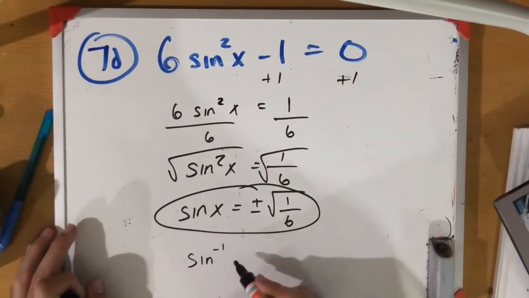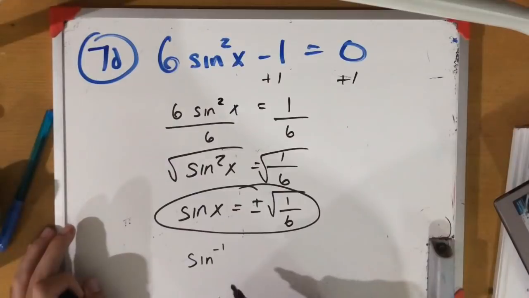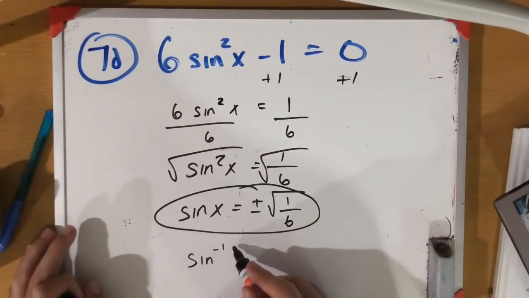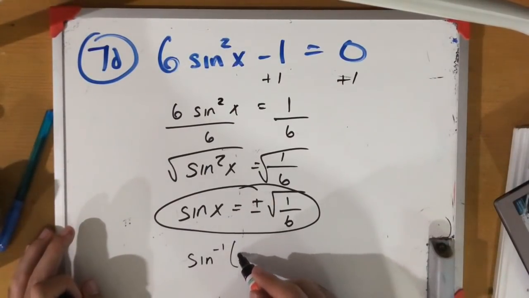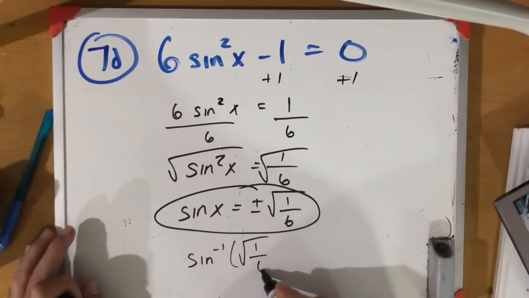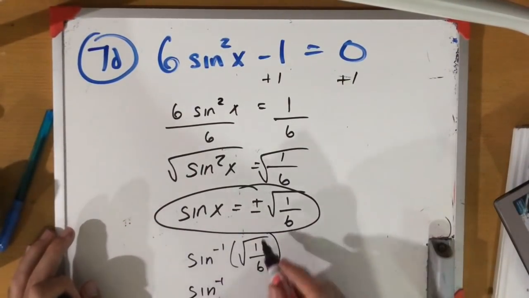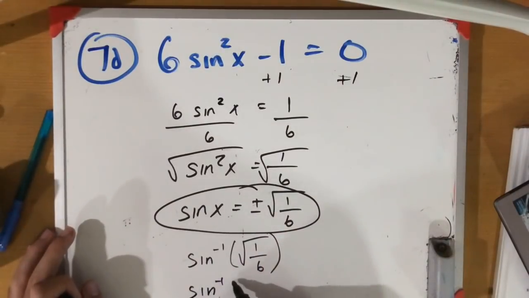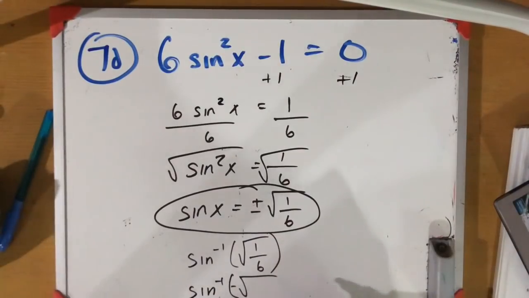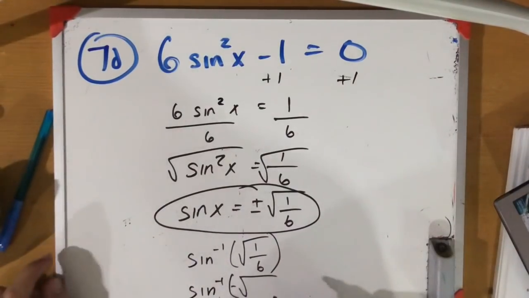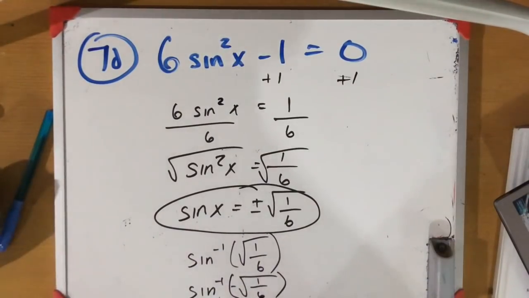So you go to shift sine. This will pop up in your calculator, and you'll have to put square root of 1 over 6. You'll also have to do that one more time because this is positive and negative, so you'll also have to do that for negative square root of 1 over 6.